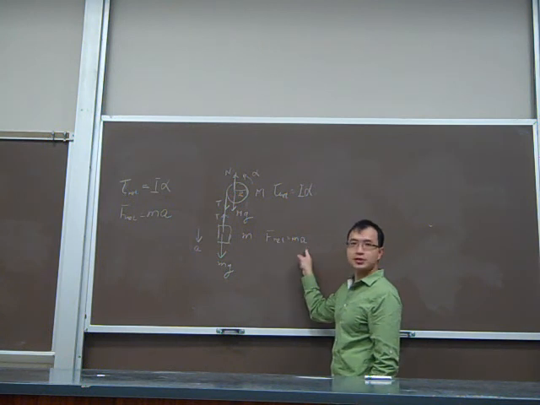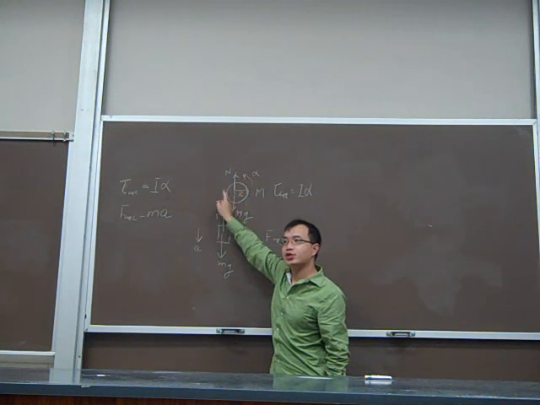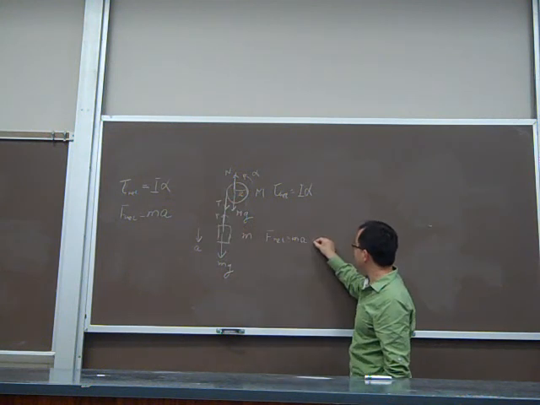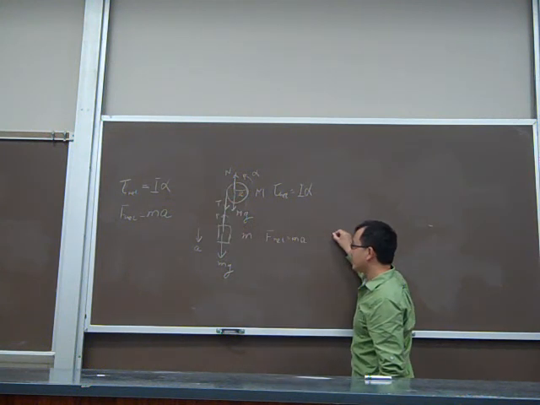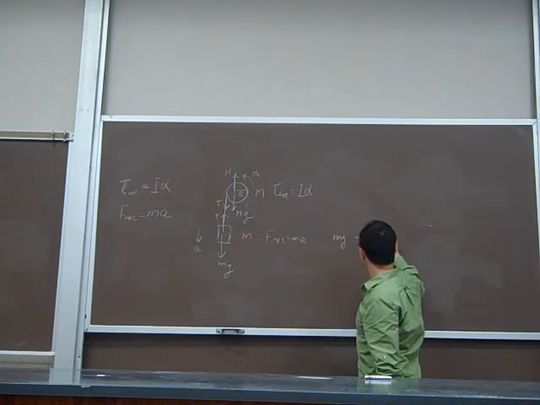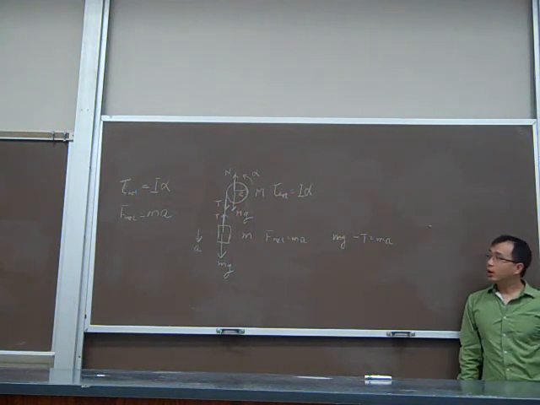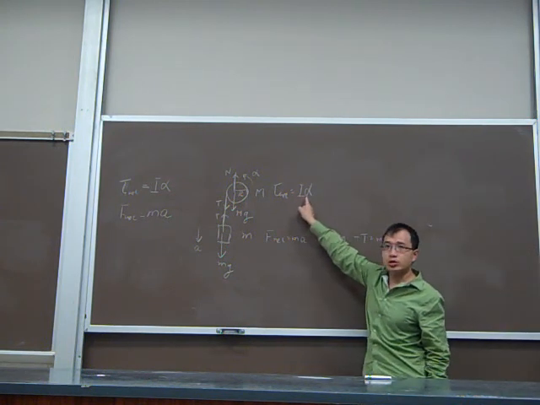Now for this one, this is easy. You can expand this one. You have two forces, mg and tension. So Newton's second law for this one is mg minus T equals ma. Right?